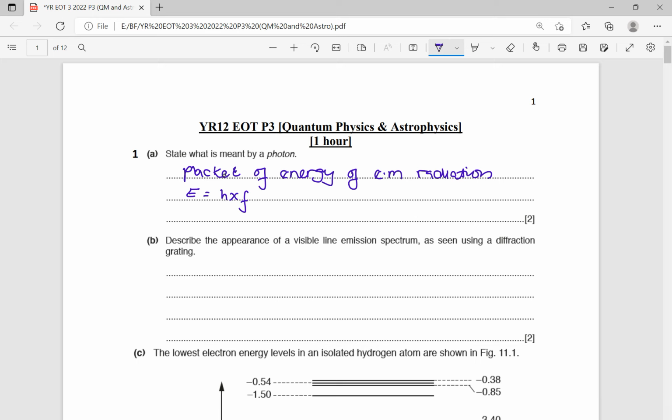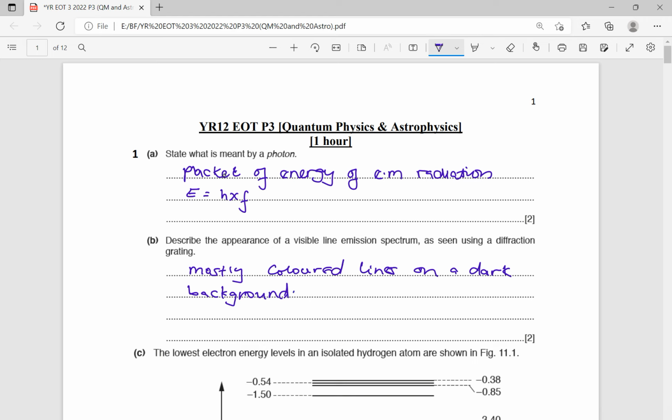Then part B, describe the appearance of a visible line emission spectrum as seen using a diffraction grating. Of course, when a visible line emission spectrum is seen using a diffraction grating, then we mostly see colored lines on a darker background.